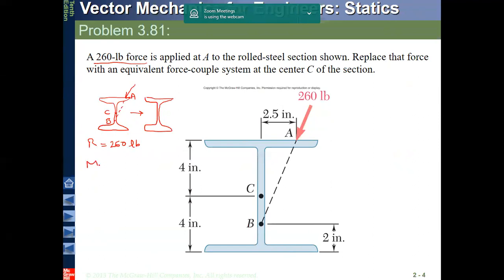And the moment is R cross F. And then we substitute, we make the equivalent system at point C plus a moment.